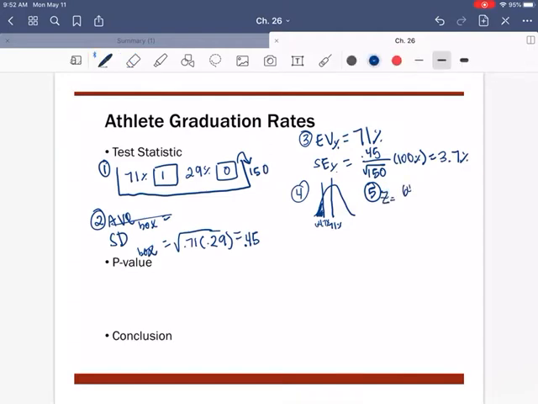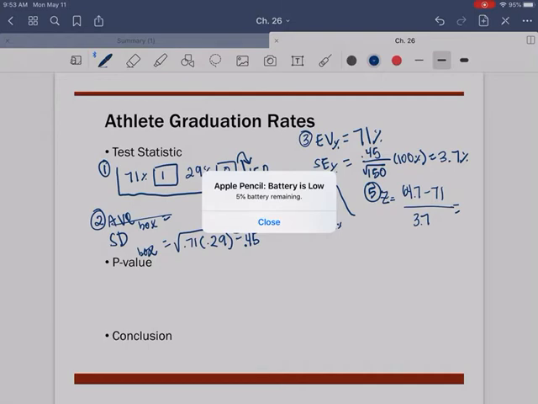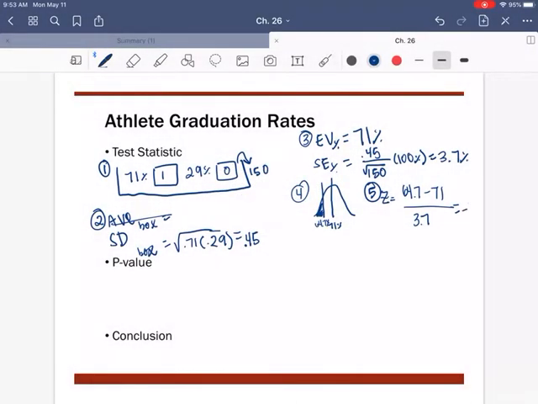So step 5, z-score. 64.7% minus 71% over 3.7%. Because they're all percent, you don't have to change them to decimal. Then step 6, shade norm.